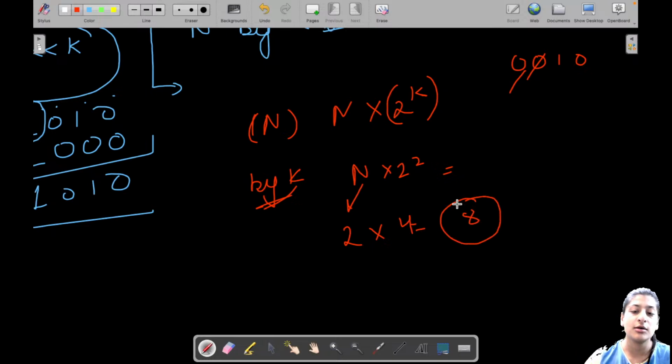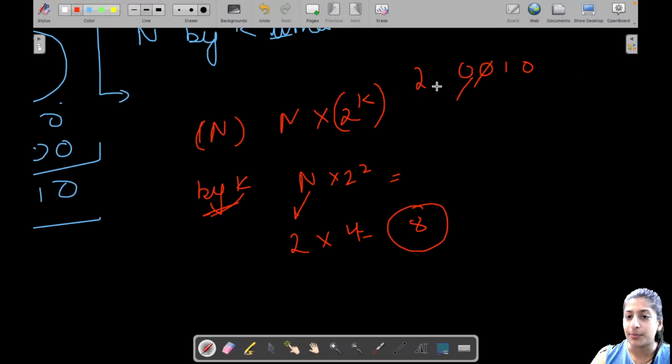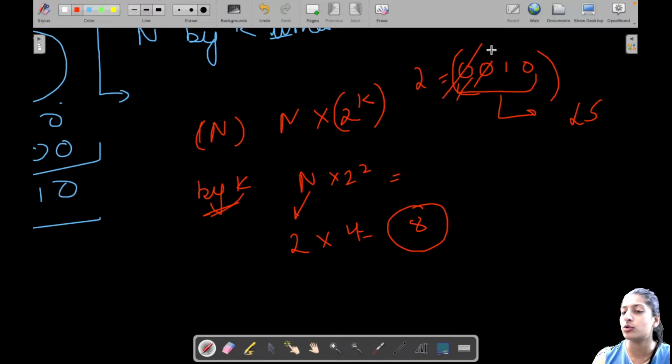So let's verify in terms of binary. So 2 can be represented as 0010, right? When you do a left shift on this binary by 2 times, so you remove the most significant bits, shift each bit one by one. So you get 0, 1, 0, 0, 0, right?